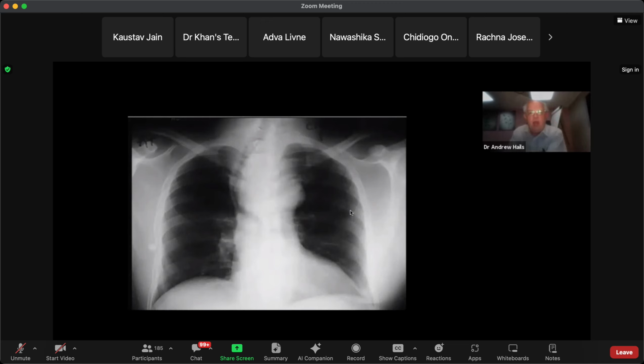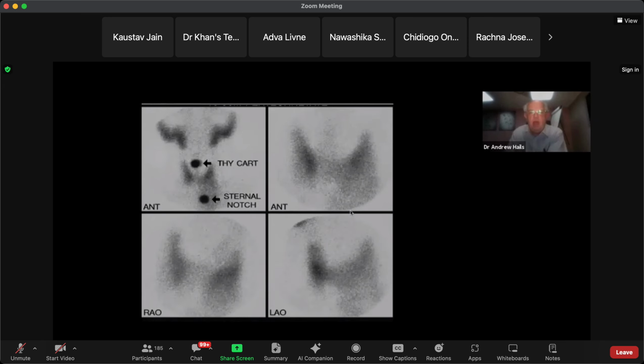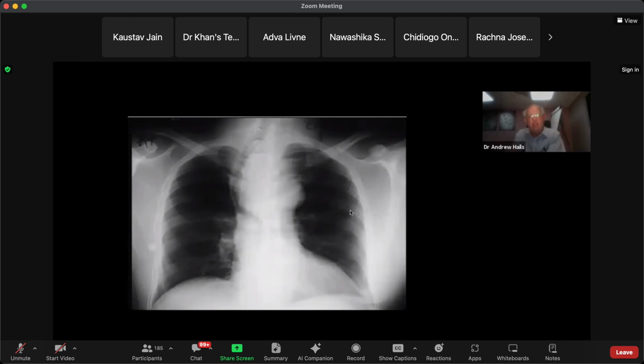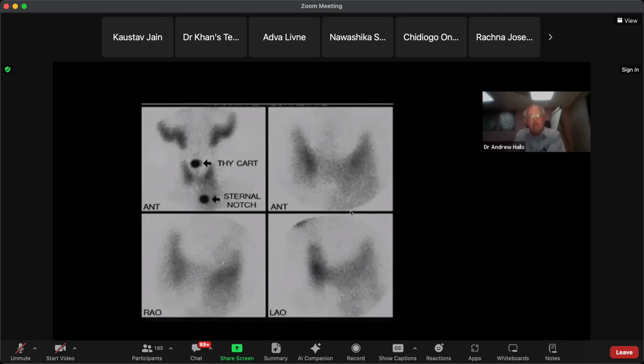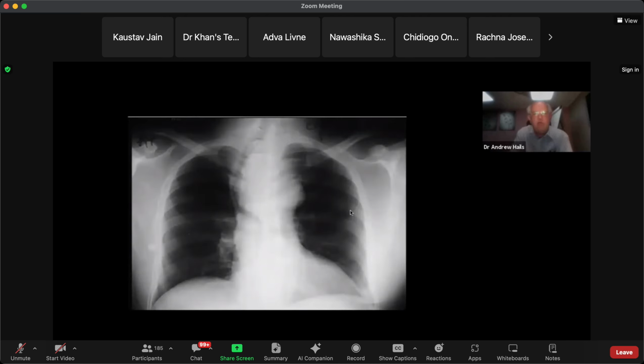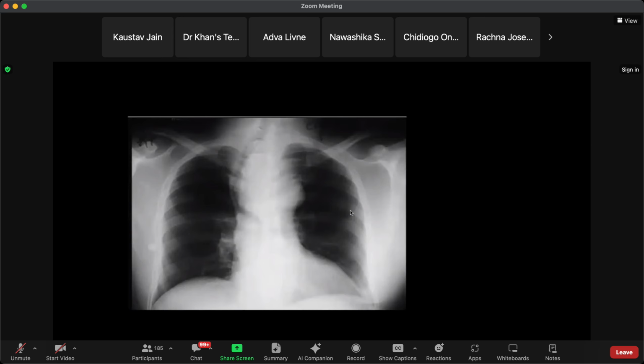Now, right, obviously chest X-ray, and I would like to ask some opinions on this. We've got a chest X-ray, and we've got this radioisotope thyroid scan here. So, would you like to say what the problem was here? So, on the chest X-ray, there's an abnormality in the superior mediastinal region where there's widening of the mediastinum with a large soft tissue mass displacing the trachea quite significantly towards the right.